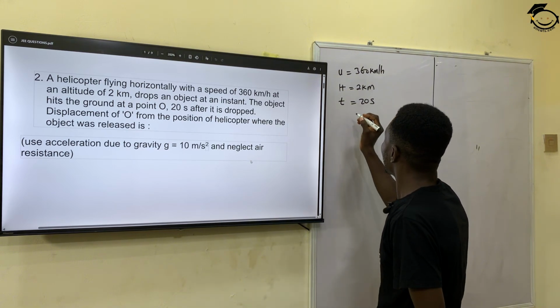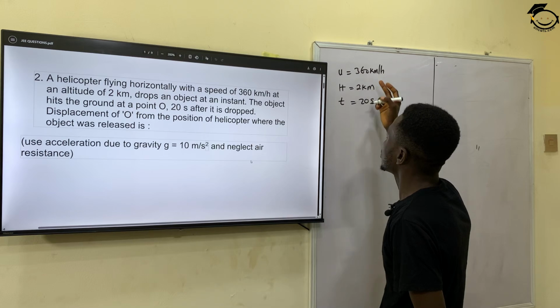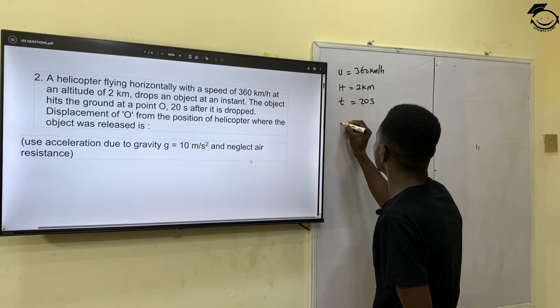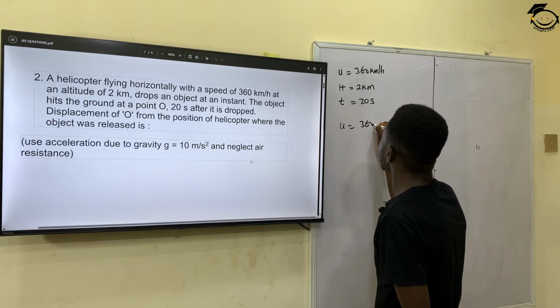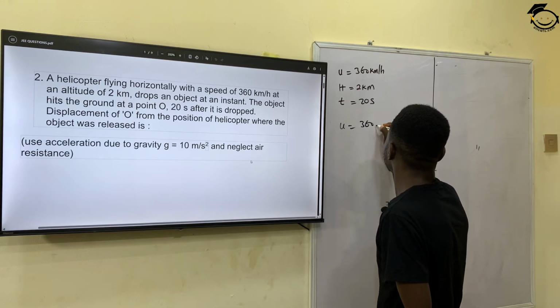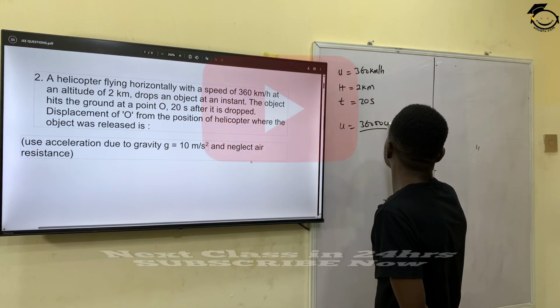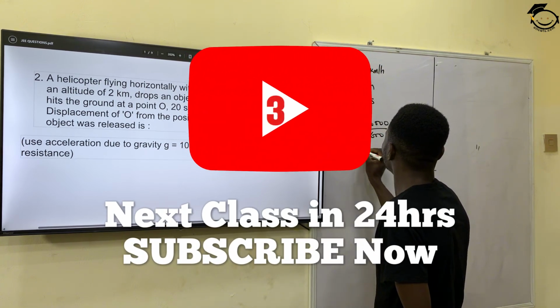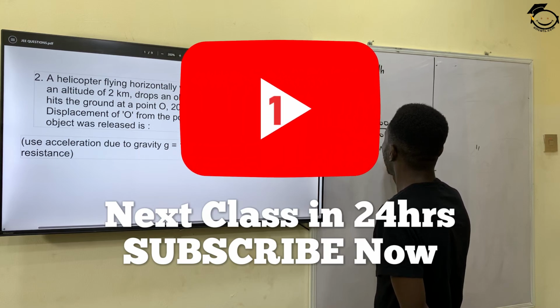Since we've been given our velocity, we know that our velocity u, which is 360 km per hour, is the same as 360,000 divided by 3,600. So this will give me 100 meters per second.